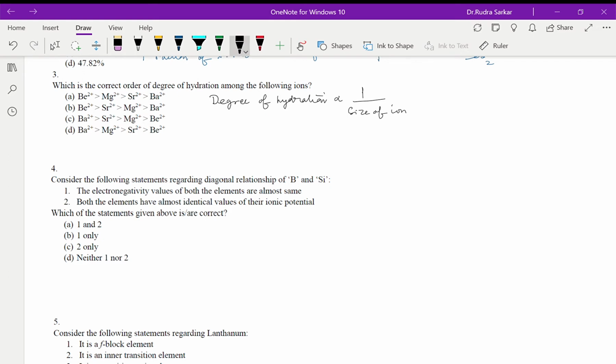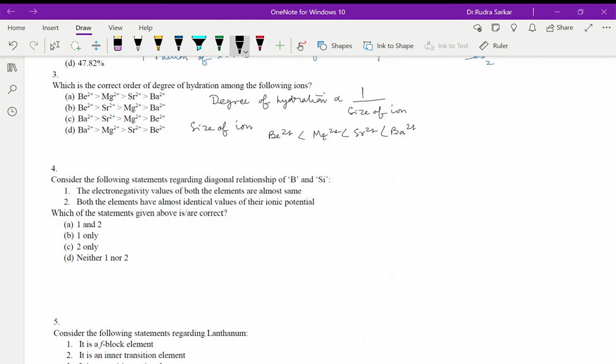So what is the size of ion? Size of ion is obviously Be2+ less than Mg2+ less than Sr2+ less than Ba2+.